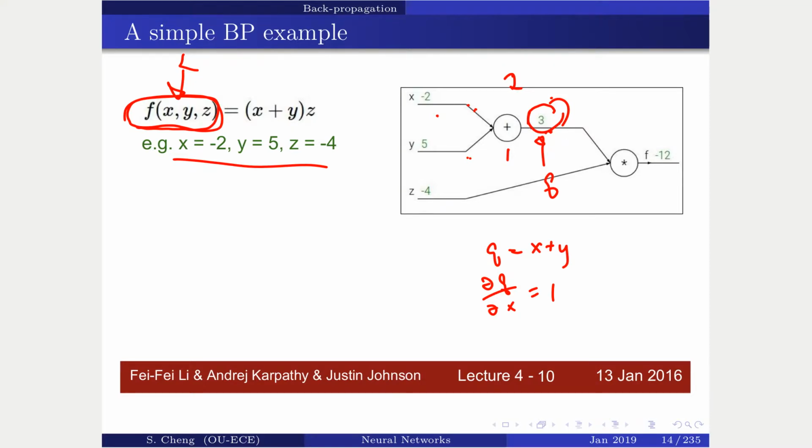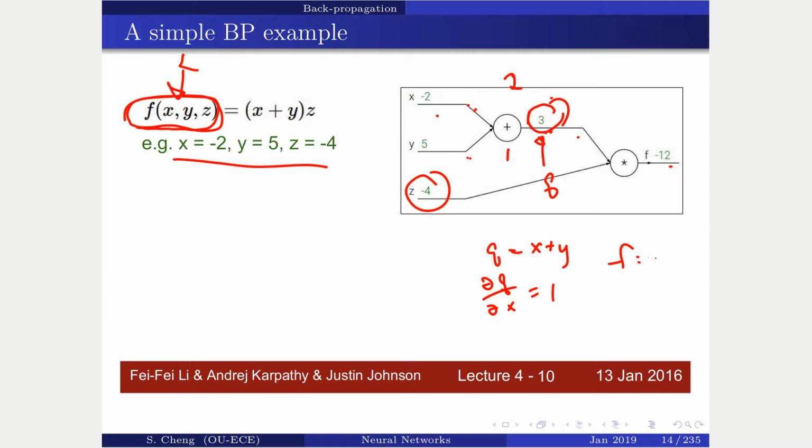You have the output here now, and the output is the input of this next node. Again, you compute this output, but also the partial derivative of this output with respect to all the inputs. So what is the partial derivative of F with respect to Q, the upper input? It's Z, which in this case is -4.